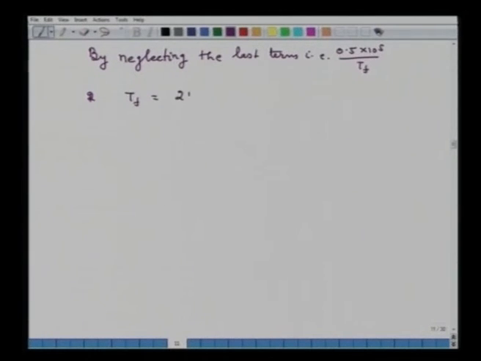That will come out to be 2120 degrees Celsius. However, you can calculate by considering this term also. Temperature may come out to be equal to 2110.5 or something of that order of magnitude.